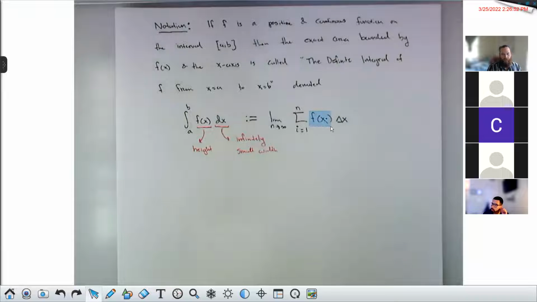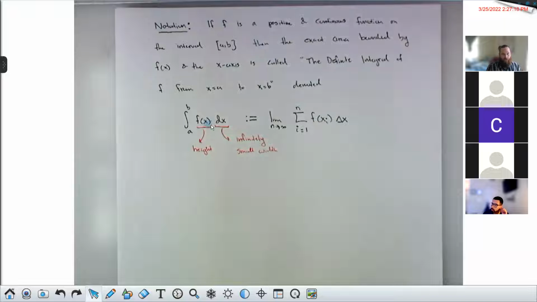The f of xi, remember the xi's are like the sample points on the interval a to b. Well, instead of just having a finite number of those, as n goes to infinity, remember there's n plus 1 sample points or n subintervals. So as n goes to infinity, you no longer have just a few x's that we call xi. You're actually talking about every x value between a and b.